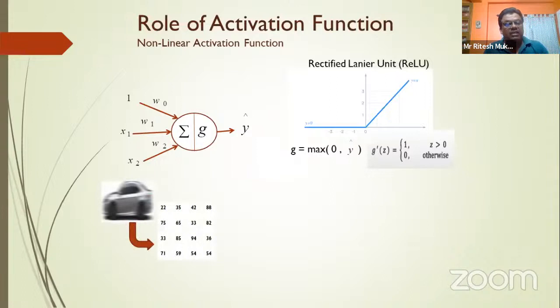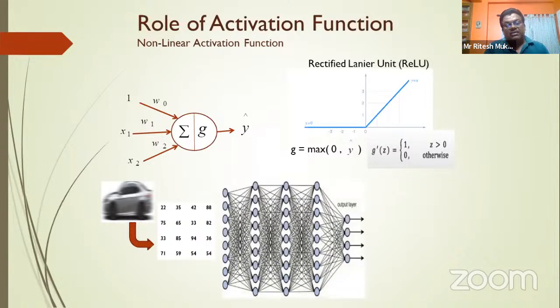Now let us see how this activation function, this perceptron, this deep neural network works to recognize a particular object, right? Without any predefined manual features. How? So say for example, this is one car. Whenever we get the image of one car, it will give me one matrix, right? Matrix of pixels, as I said. Now, if this is the input to a predefined neural network, how will it work?